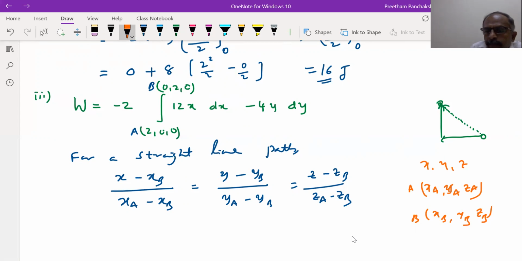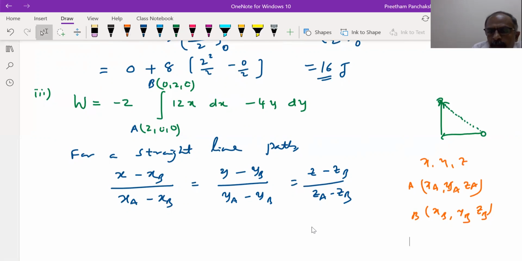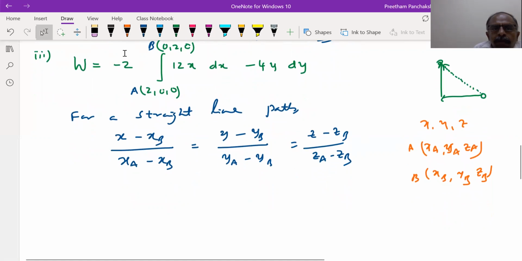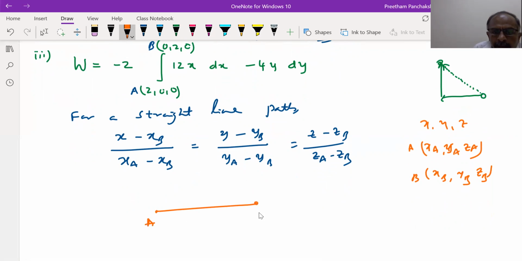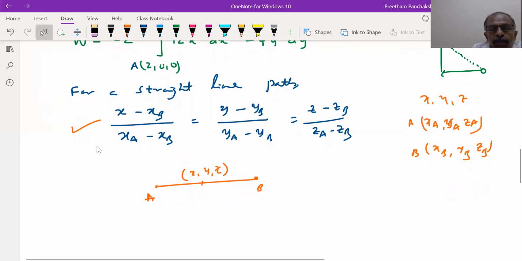This one is point B. All the 3 points here will lie on a straight line if and only if this equation is satisfied. We have to verify that for the given 3 points whether the equation is satisfied or not.